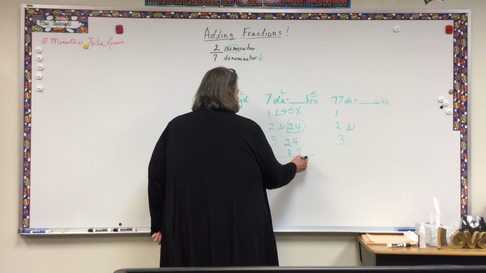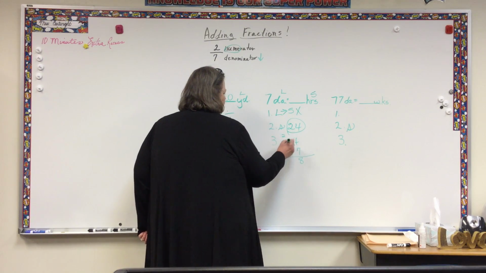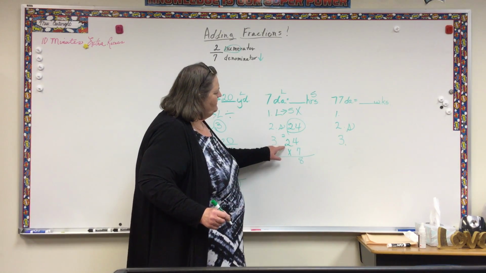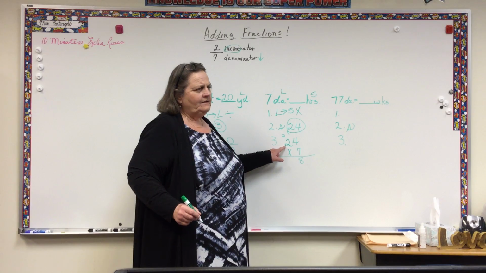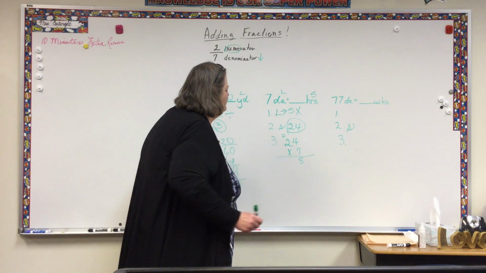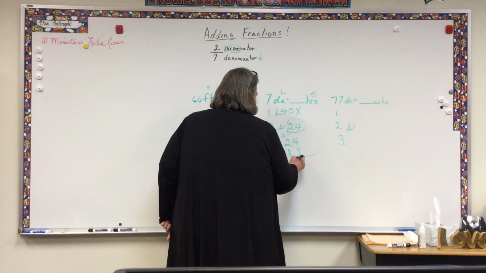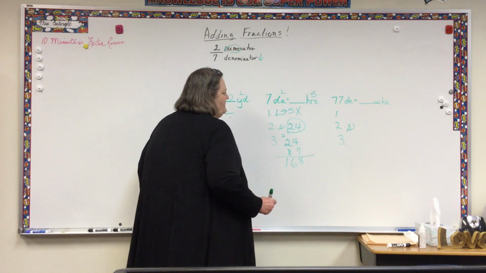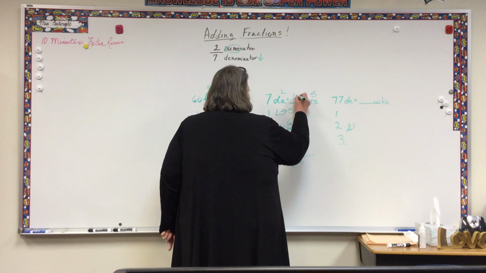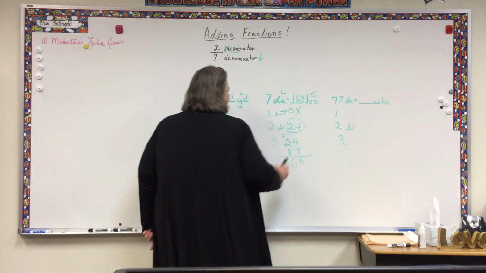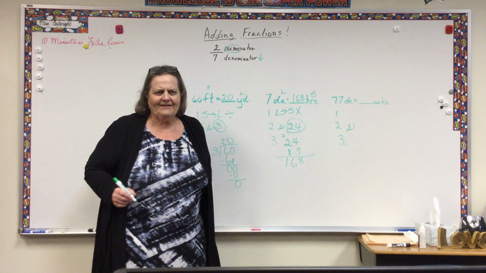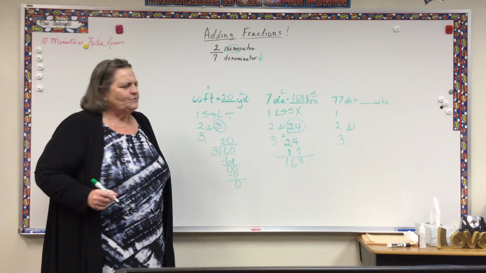So I put down my 8, carry my 2. 7 times 2 is what? 14. Plus 2 is 16. So guess what, guys? 7 days equal 168 hours. Okay? Goodness, we're so smart.